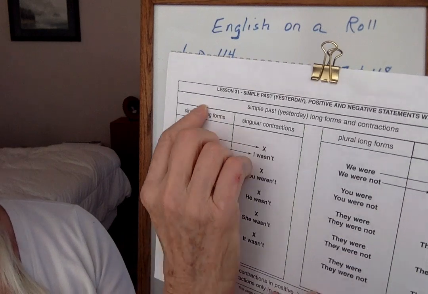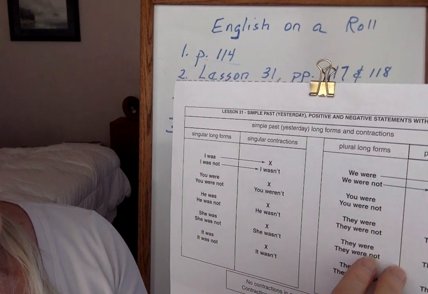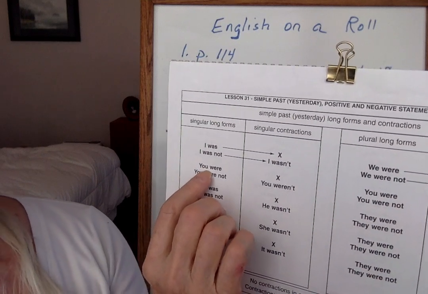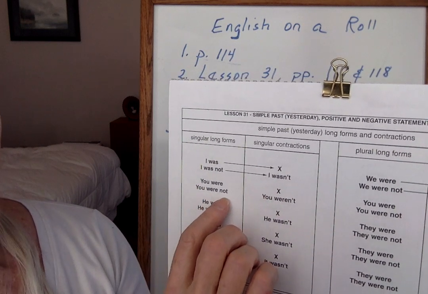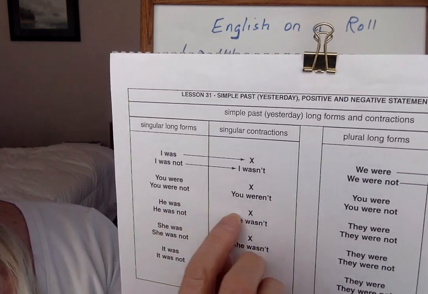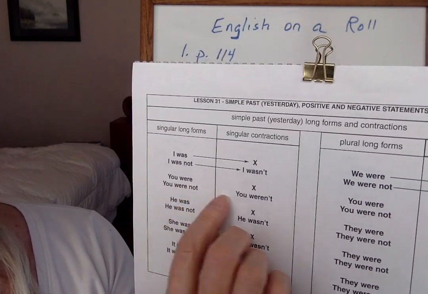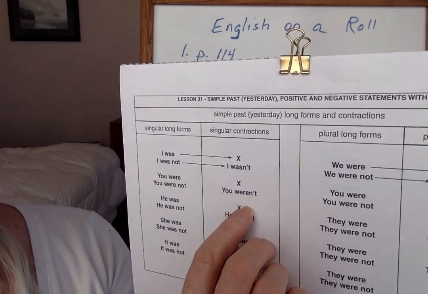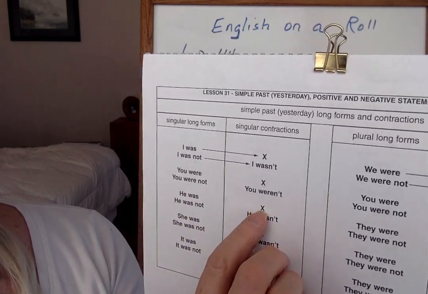Now these are the singular contractions. Here we have plural. So here's you were, no contraction. You were not, you weren't. So were not becomes weren't. He was, no contraction.